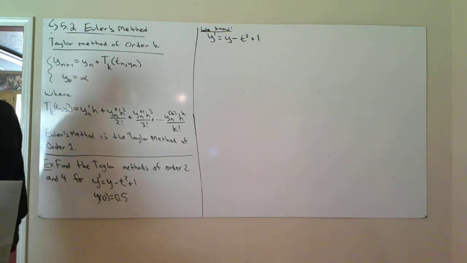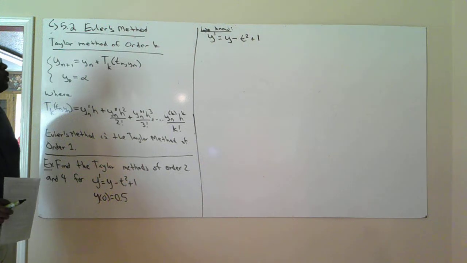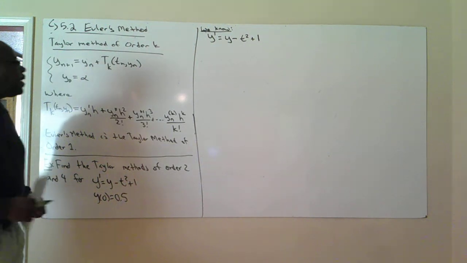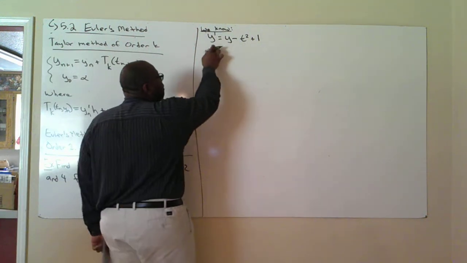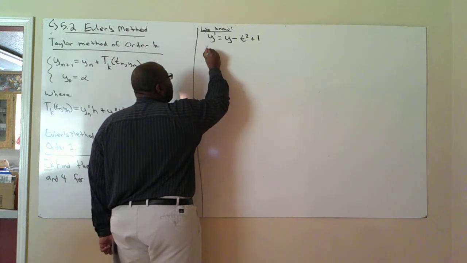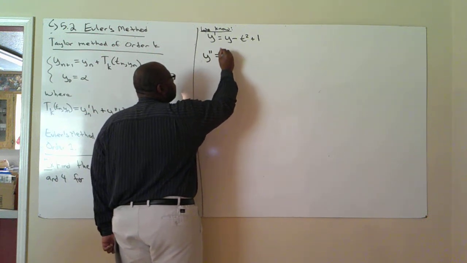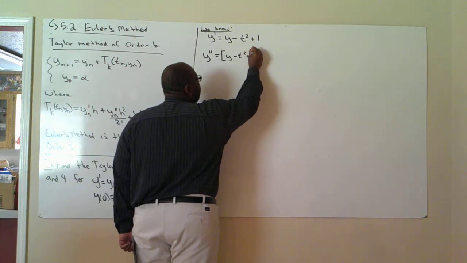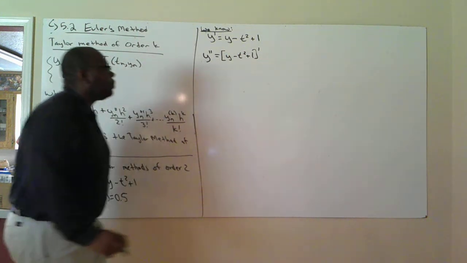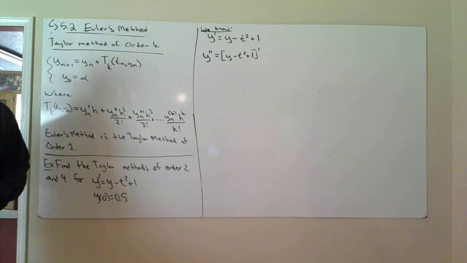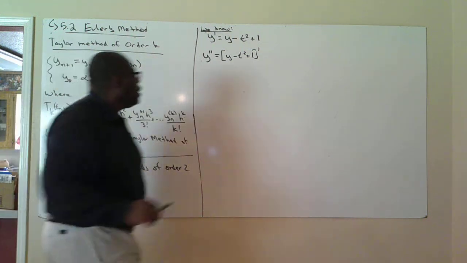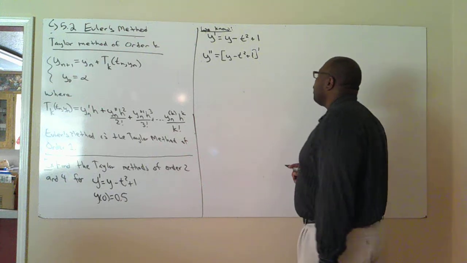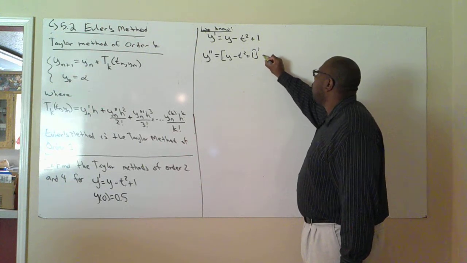How do I find y double prime? Well, I need to take the derivative with respect to t. So y double prime is equal to the derivative of y minus t squared plus 1. What is the derivative of y with respect to t? It's going to be y prime.